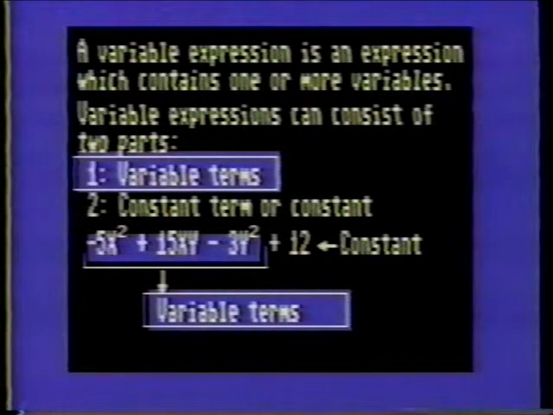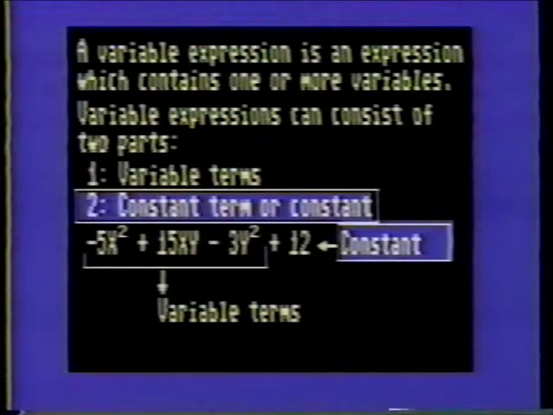A variable expression is an expression which contains 1 or more variables. Variable expressions can consist of 2 parts: variable terms, which in the example below are negative 5x squared plus 15xy minus 3y squared, and constant terms, or just a constant. 12 is the only constant in this expression.